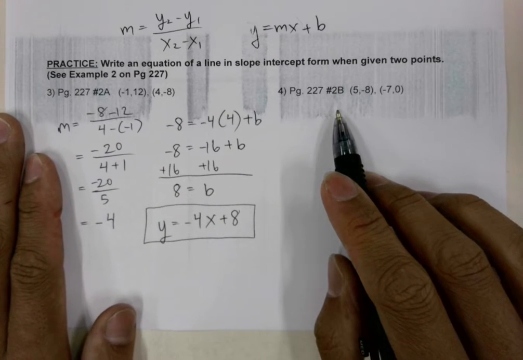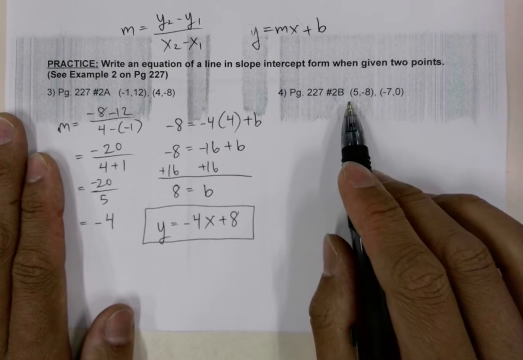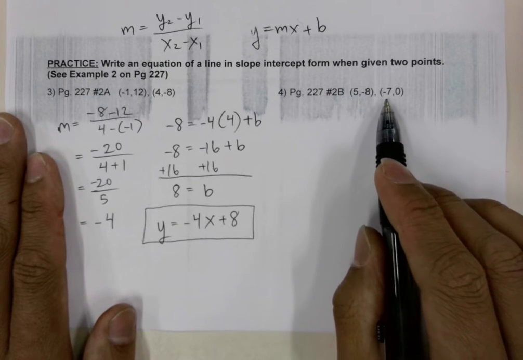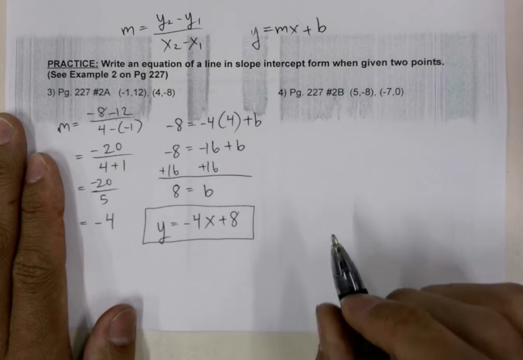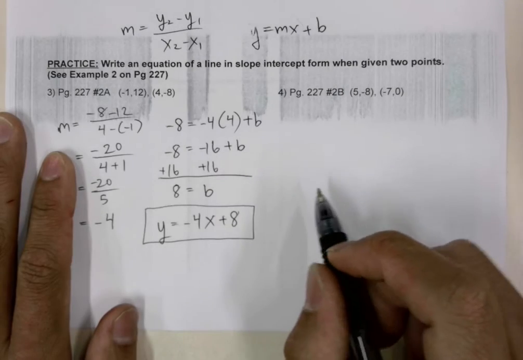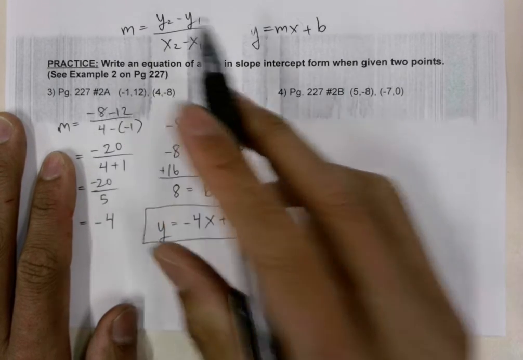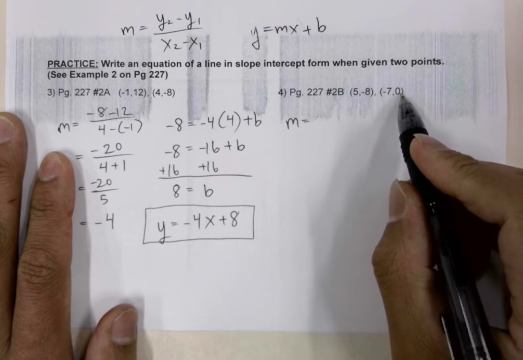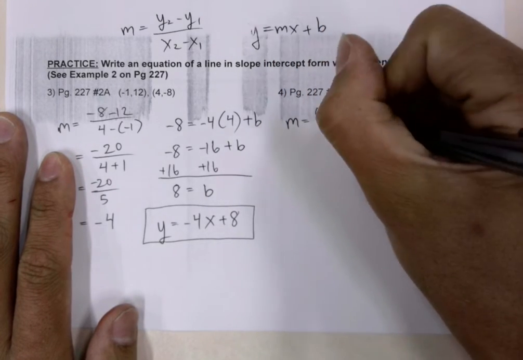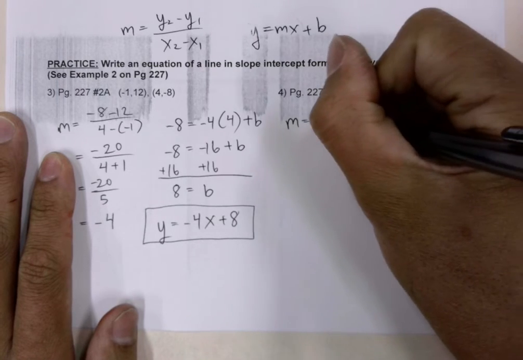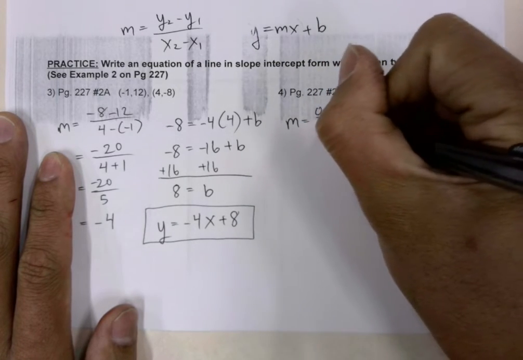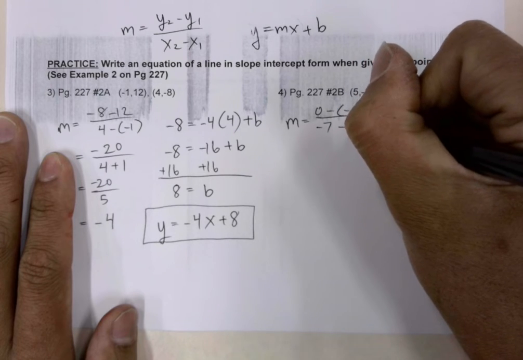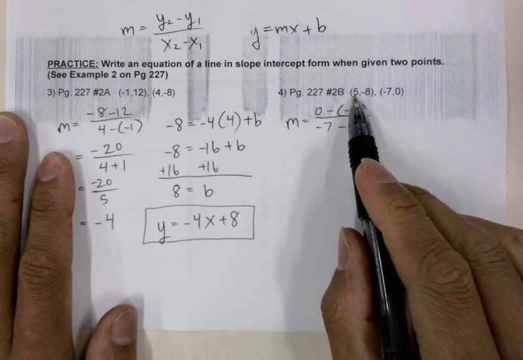Number 4, we are given the points (5, -8) and (-7, 0). So we're going to go through the same process. First we're going to calculate m, and m is equal to y2, 0, minus y1, -8, over -7 minus x1, 5.